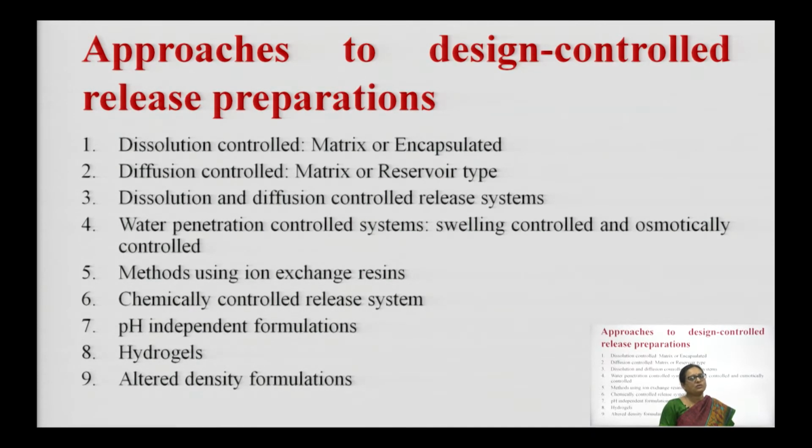These are based on either swelling mechanism, where the polymer is such which swells in contact with biological fluids and hence regulates the release of the drug, or osmotically controlled systems, which will be based on osmosis. Then we have got methods using ion exchange resin, where the drug is absorbed onto the surface of inert resins.